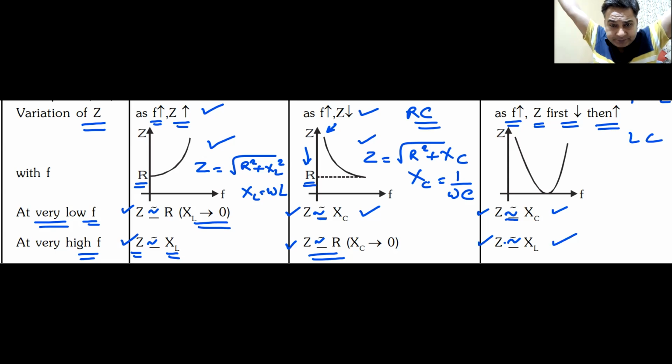Now the time has come. For what? The time has come to move on to the last circuit. If you understand this circuit, you understand all circuits. Understand one, and you are done.